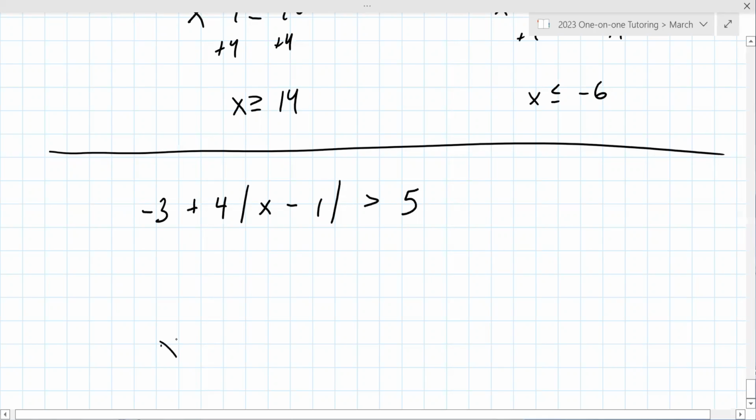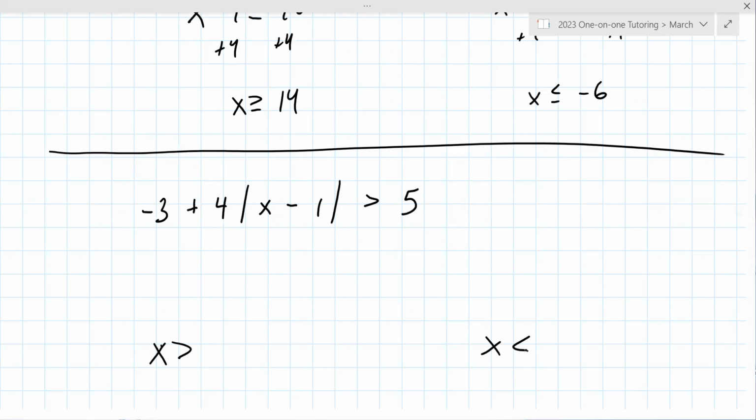X minus 1 is greater than 2. Keep going. Solve it all the way. Your final answer should be x greater than, x less than something. Oh, wait, I forgot one step.